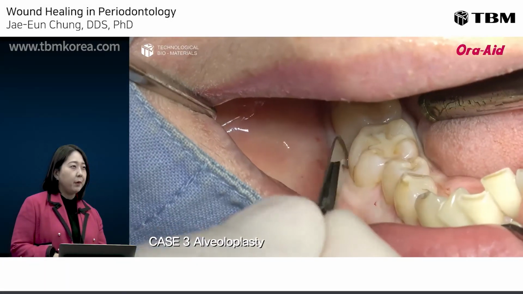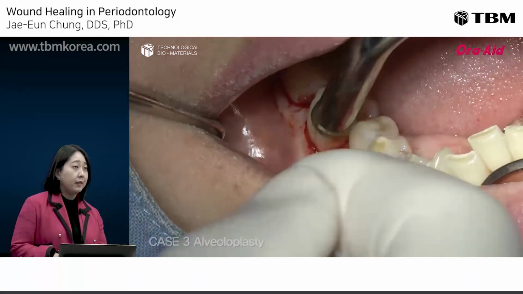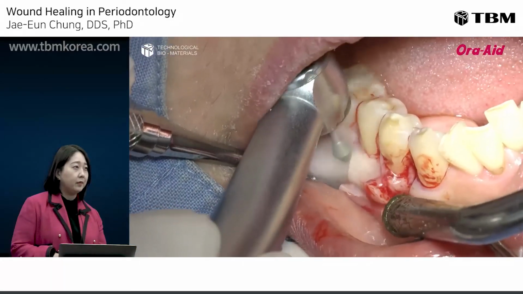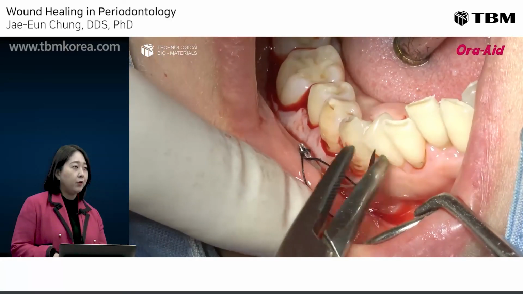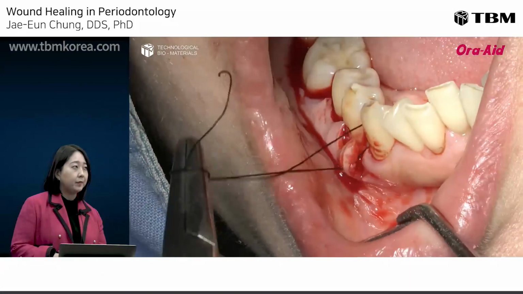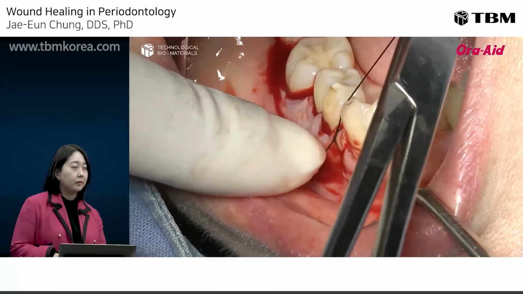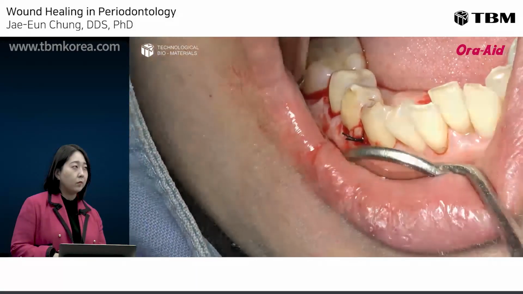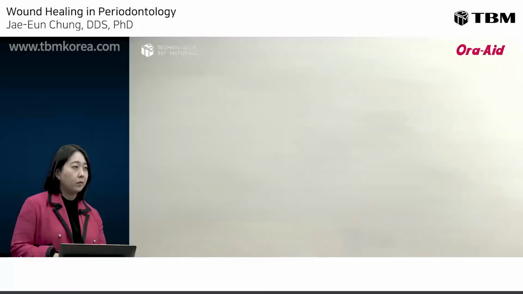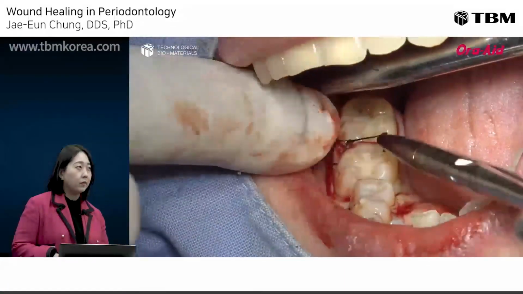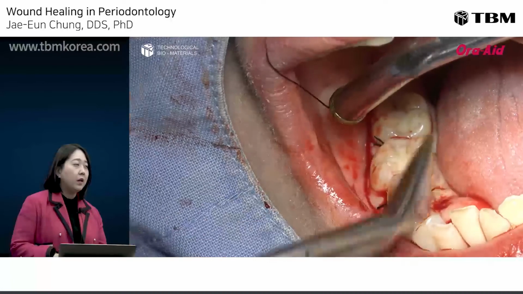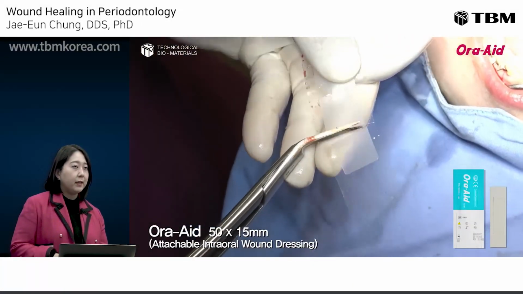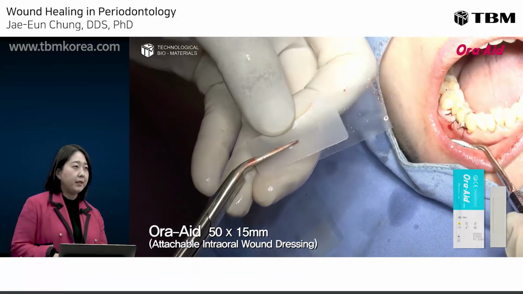This case is alveoloplasty. The surgical field and technique are very similar to conventional flap surgery. After suturing, trim the dressing and make some cuts on it to allow for the tooth curvature when the dressing is applied.